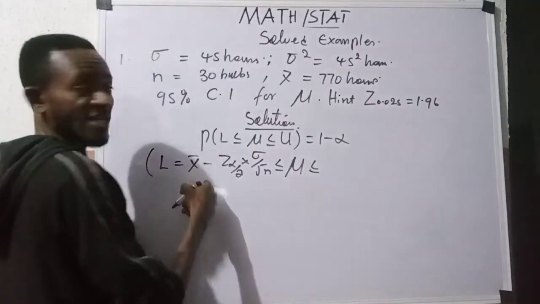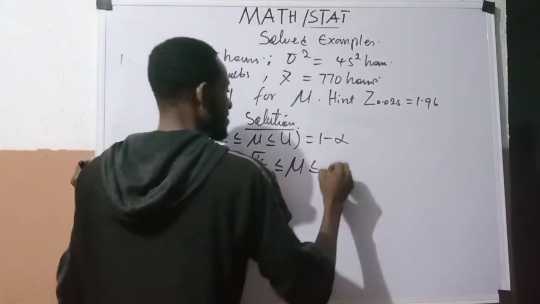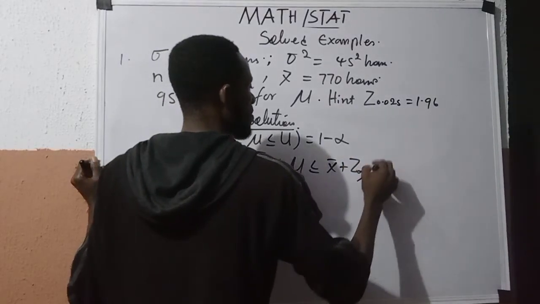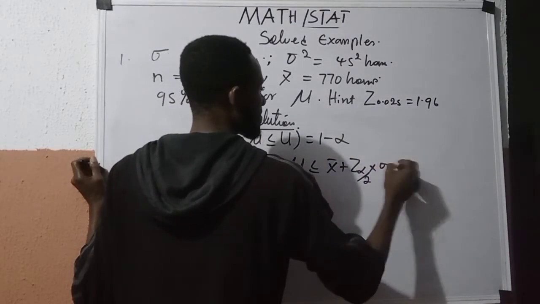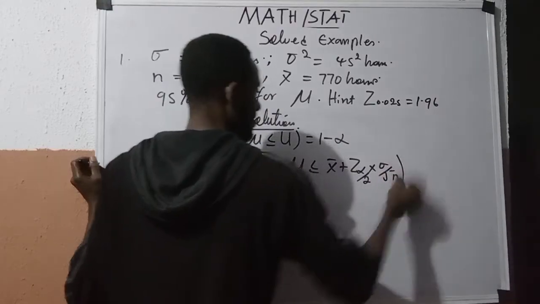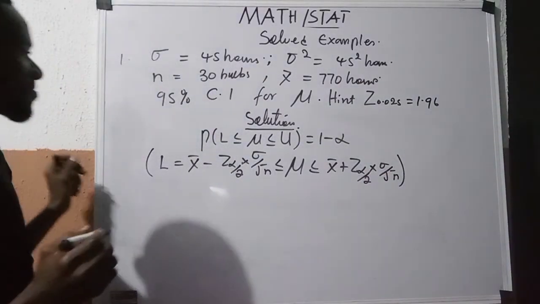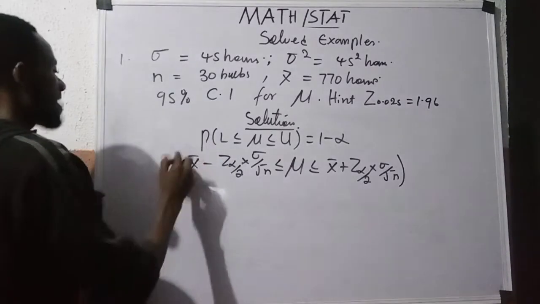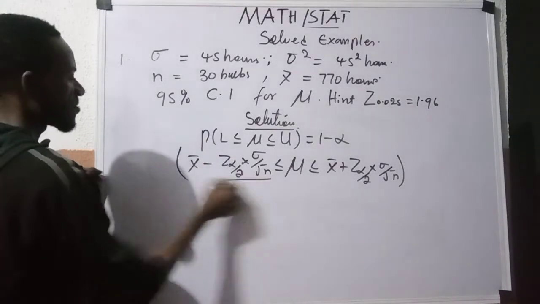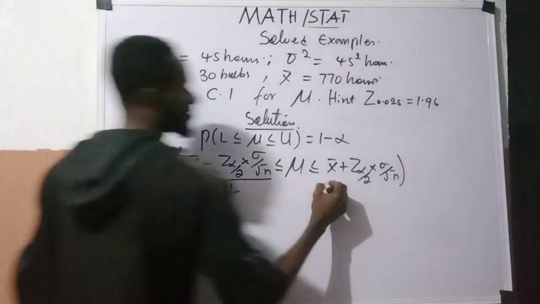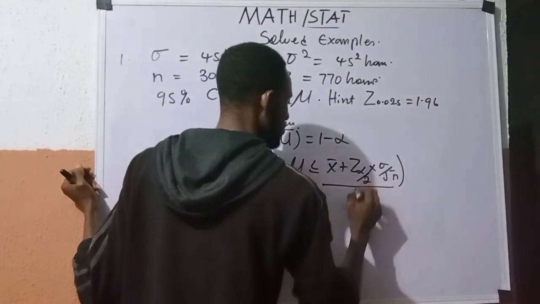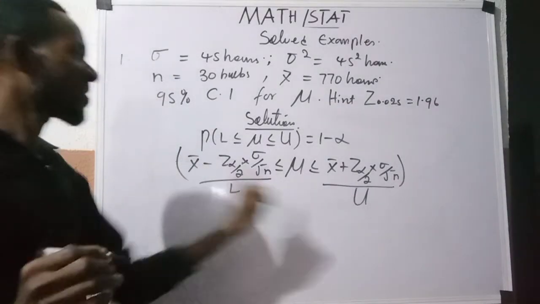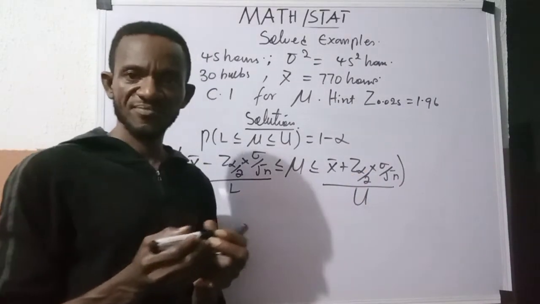The only thing that's going to change is this: we have x bar plus z of alpha over 2 multiplied by sigma all over square root of n. Close it. So from here to here is my L, and from here to here is my U, the lower confidence limit and the upper confidence limit.